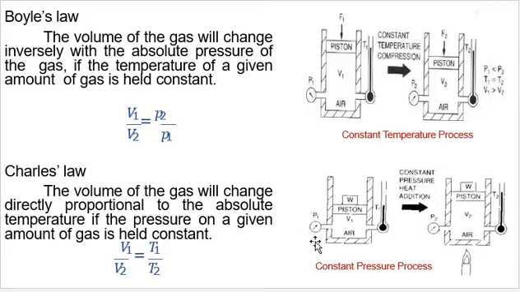The pressure P1 is the same as P2 because it is a constant pressure process, and the temperature is changing. So this is called Charles' law, that is V1 upon V2 equals T1 upon T2.